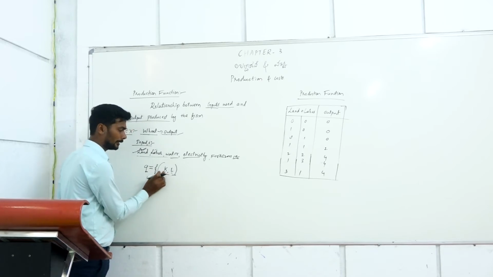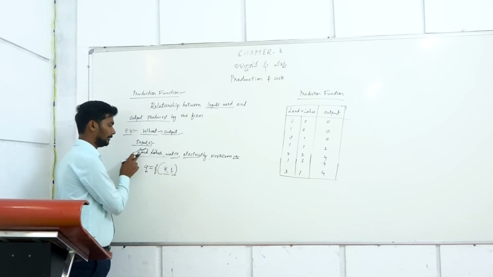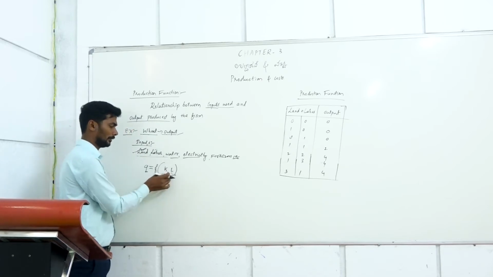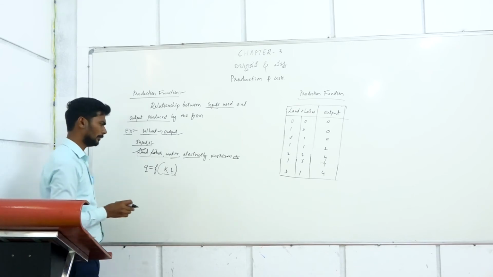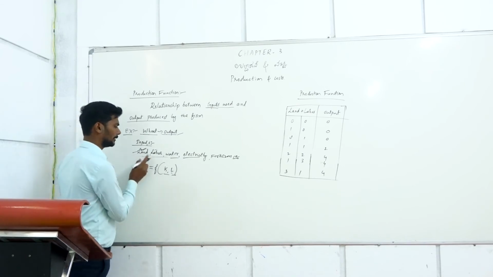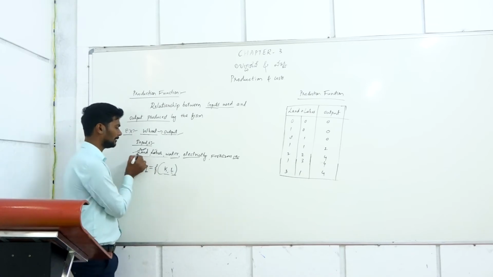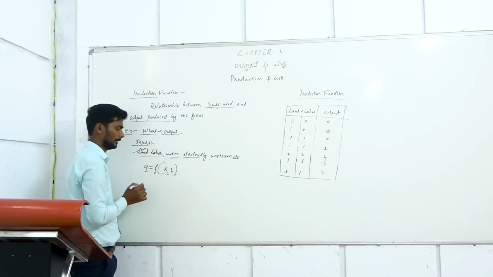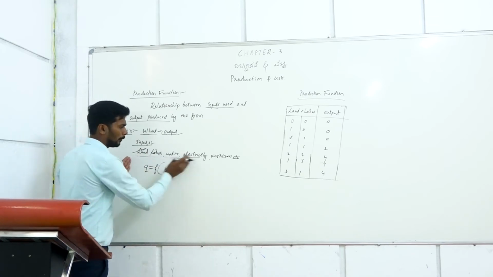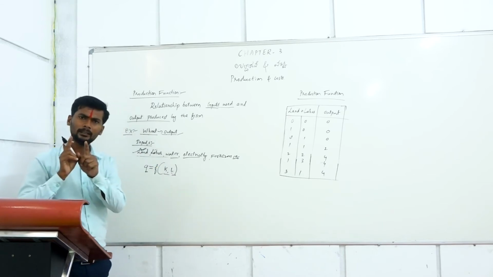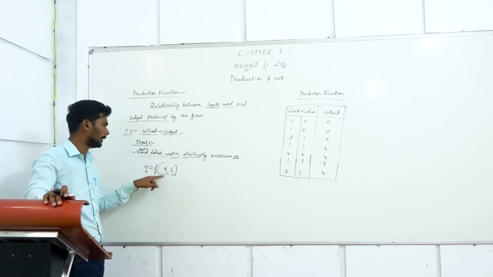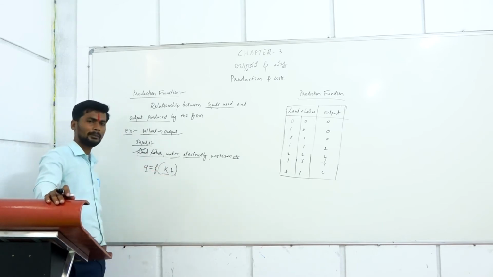Don't get confused with that. Here land is L and labor is also L, so both are the same alphabet. That's why I use a different one, that is K. Okay, don't get confused. K means land here and L means labor here. I can't write all the inputs here. I took only major inputs, that is K and L, that is land and labor, and I am explaining it.